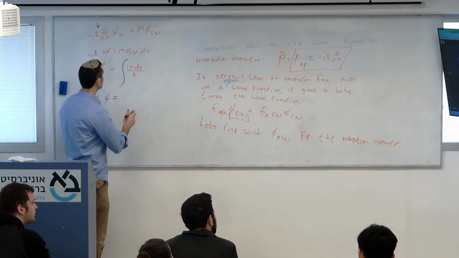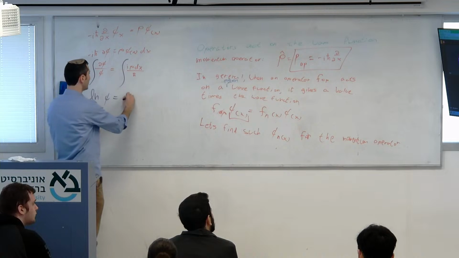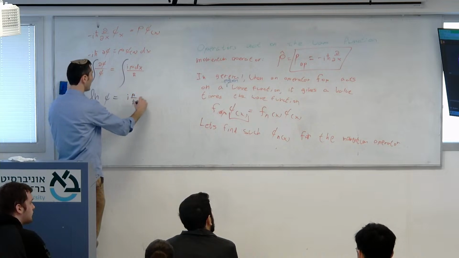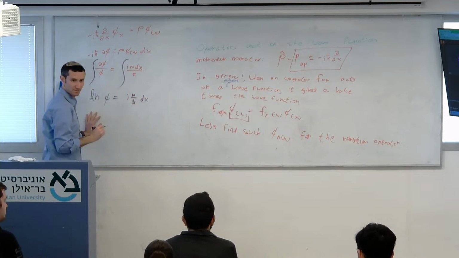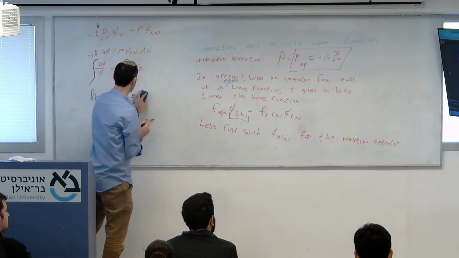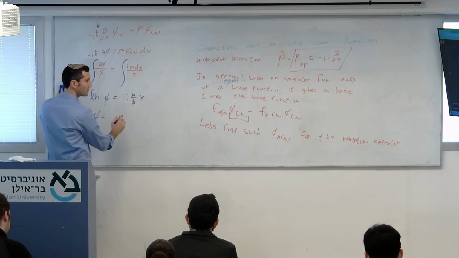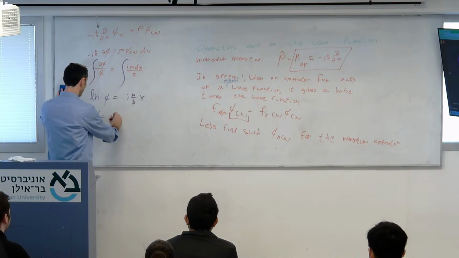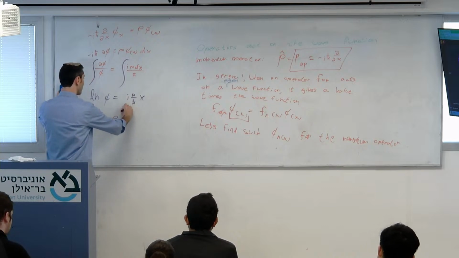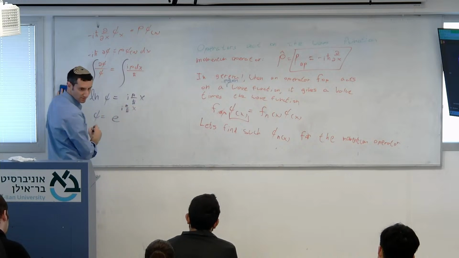ln of phi is equal to i p over h bar x. So phi is equal to e to the i p over h bar x.